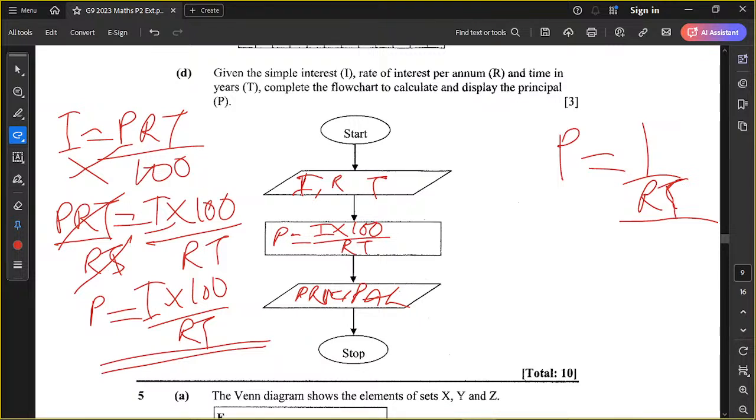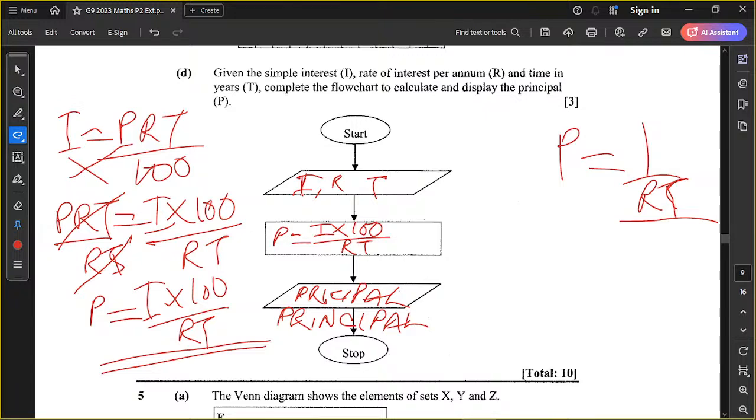When you want to write the word principal, you write it like this: P R I N C I P A L. That is the word principal.